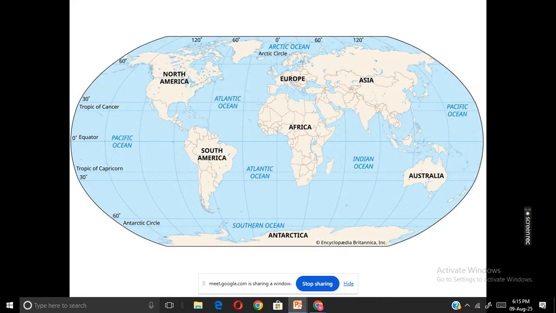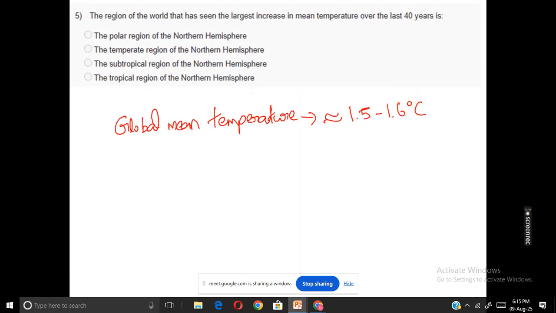So the question is which region in the world is experiencing the largest increase in mean temperature over the last 40 years. The options are the polar region of the northern hemisphere, temperate region of the northern hemisphere, subtropical region of the northern hemisphere, and tropical region of the northern hemisphere.